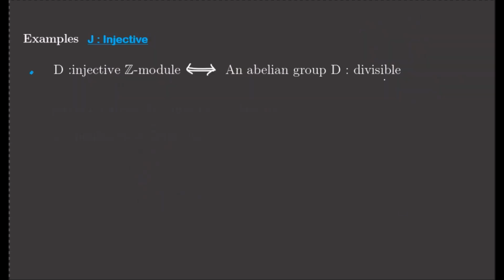Now let's consider the tool to decide the module is injective. In this case, we restrict to Z-modules. In the case of Z-module, D is an additive abelian group. And the tool for which module is injective is here. The module D is an injective Z-module if and only if the abelian group D is divisible. What is the concept of divisible?